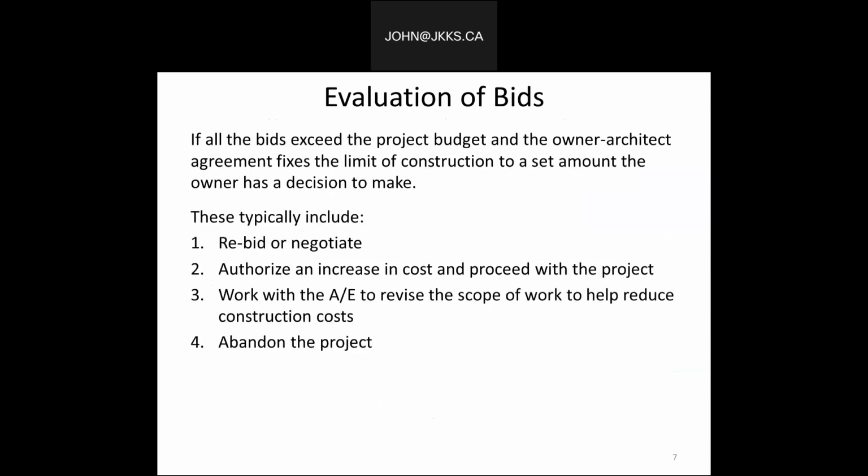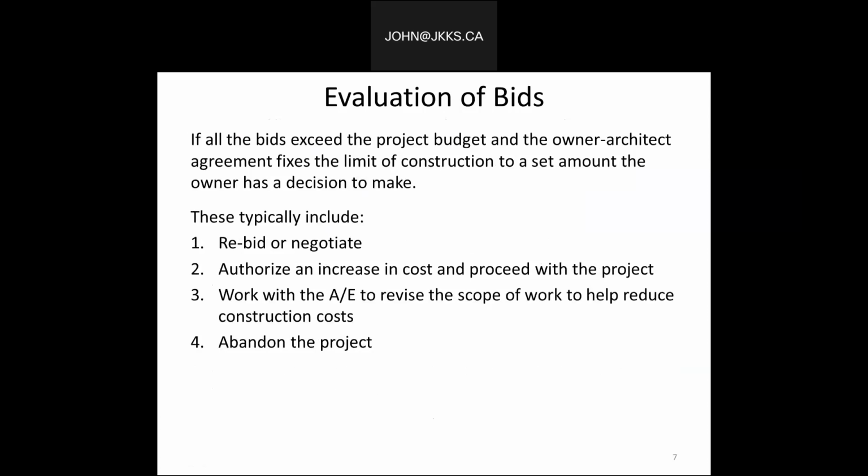Again, when we start taking a look at the evaluation of bids, we can get into a multitude of different things to consider. What if all the bids exceed the project budget and the owner-architect agreement fixes the limit of construction to a certain amount? The owner certainly has a decision to make.